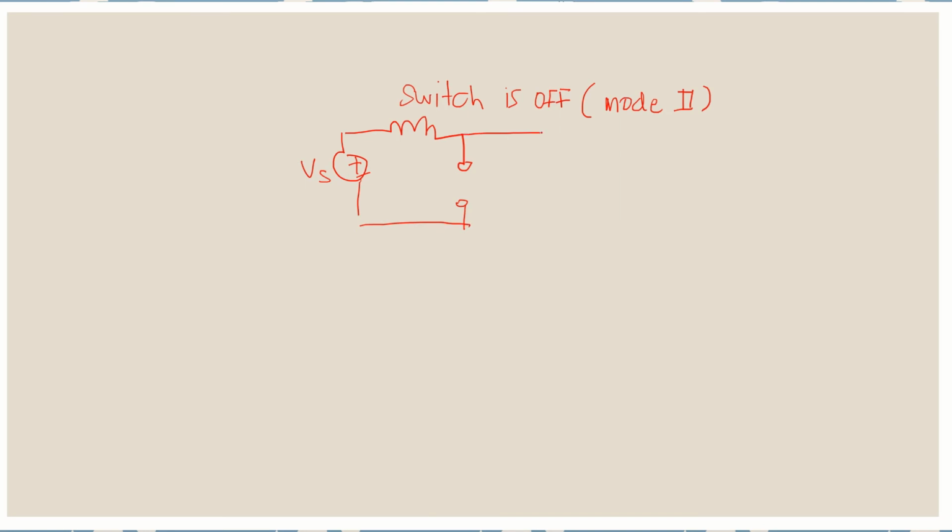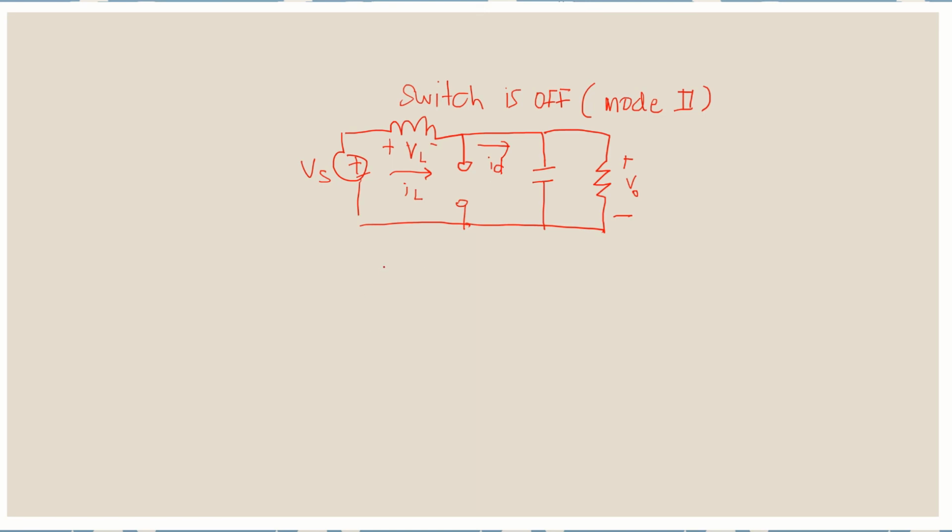Now the diode becomes forward biased, so it's a straight line, and you can see the switch is open. Now connect to the load, plus minus V out. Again this becomes plus minus VL, still the same, and the IL is flowing that way, and of course there's an ID there.